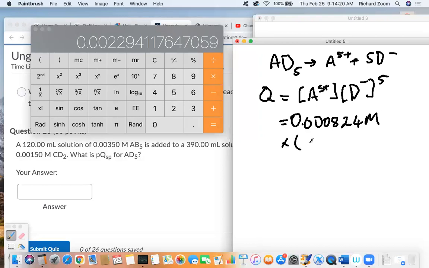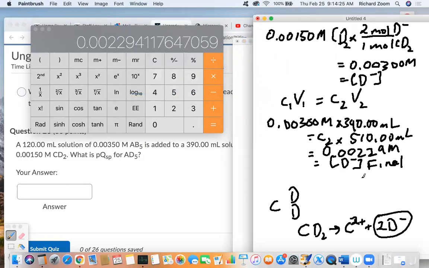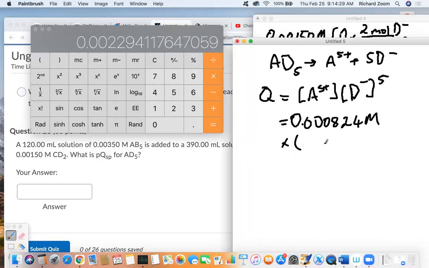Times the D minus, which we get back from here, which was 0.00229, but that's all to the 5th.